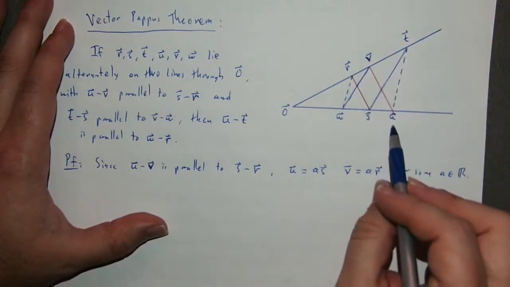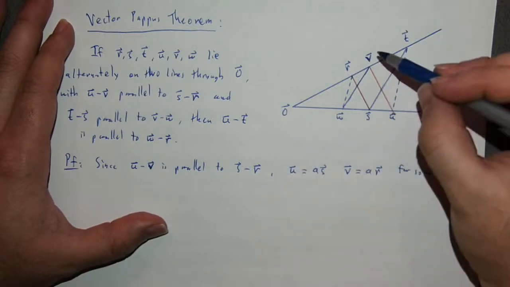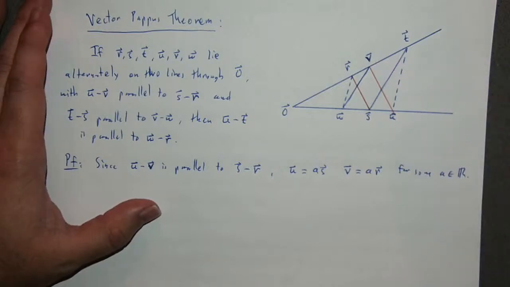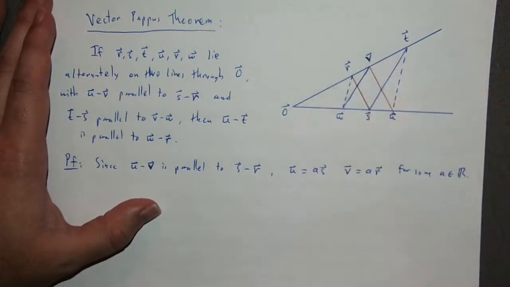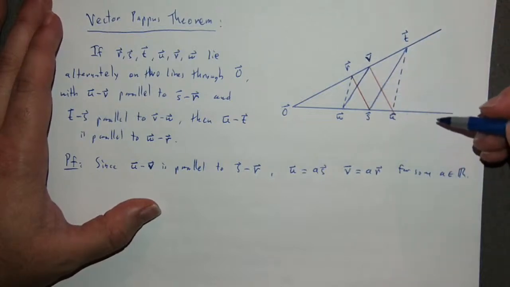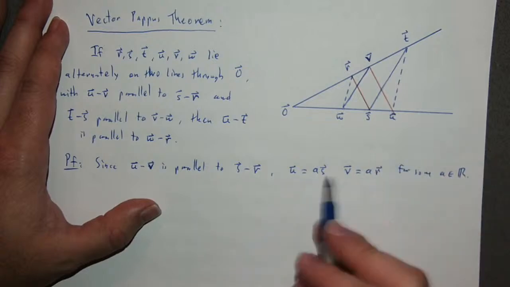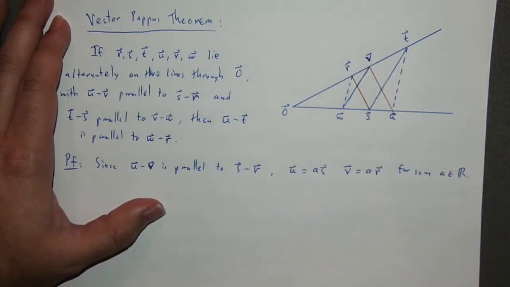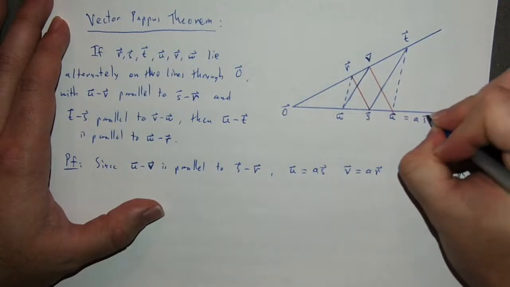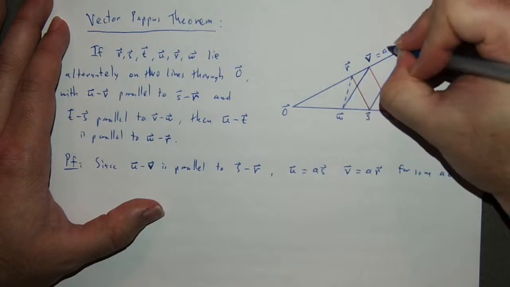So U and S are scalar multiples because they both lie on this line through 0. R and V are both scalar multiples because they lie on the same line through 0. But the fact that we have these two red lines parallel means that the scalar multiples from each of these relationships actually have to be the same. So both of these have to be A. That's what's going on here. And so U is AS and V is AR.